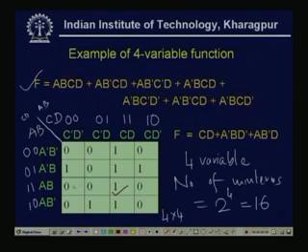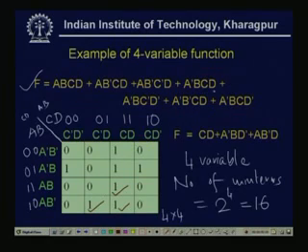See a, b dash, c, d: a, b dash means the 4th row and c, d is the 3rd column. Now, a, b dash, c dash, d: a, b dash means the 4th row and c dash, d is the 2nd column. So, this will be the thing.